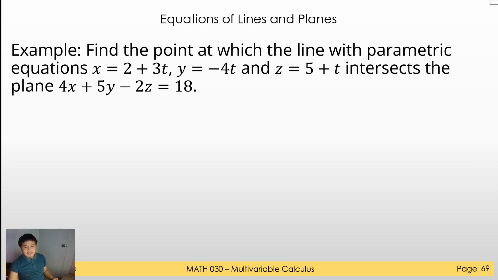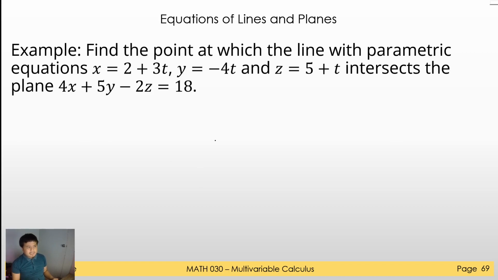Find the point at which the line with the given parametric equations intersects the plane 4x plus 5y minus 2z is equal to 18. So how do we do this now?